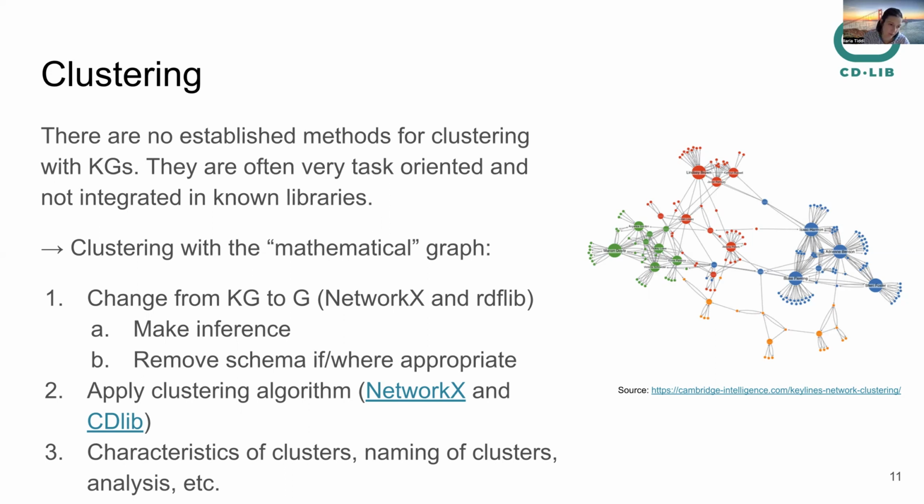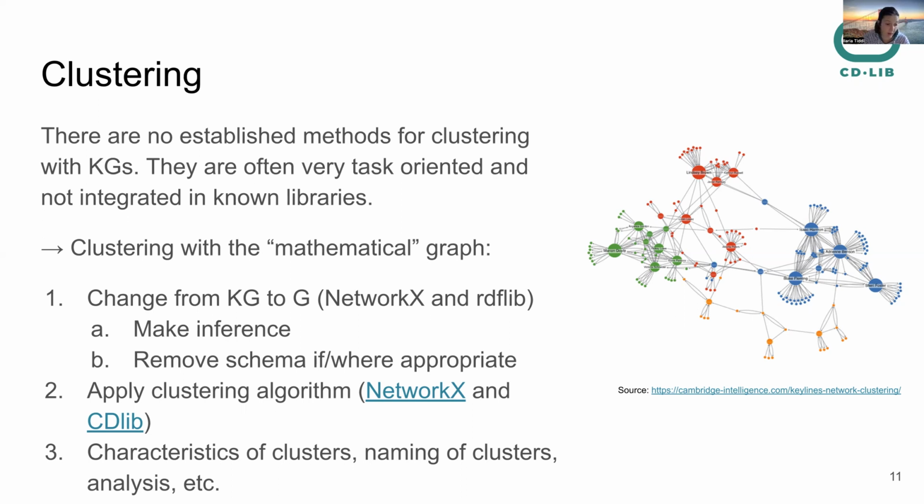What you can do is convert your graph into a mathematical graph again, and then perform your clustering. So you perform your conversion, and you run your reasoning engine in order to compute all the missing links. So the asserted and inferred graphs are both included in G. You might need to remove certain information wherever appropriate, and then you can apply clustering algorithms that you find in NetworkX and CDlib.